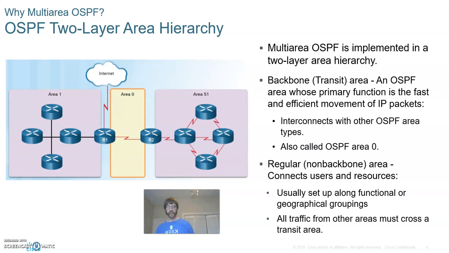And on the other side of town, you have your headquarters. Now, technically, some of the routers in that headquarters building might be in the backbone area, but the rest of the user and resource part of that same building might be in a different area because it has a different function. Now, all traffic that is going from one area to another must go through your transit areas.